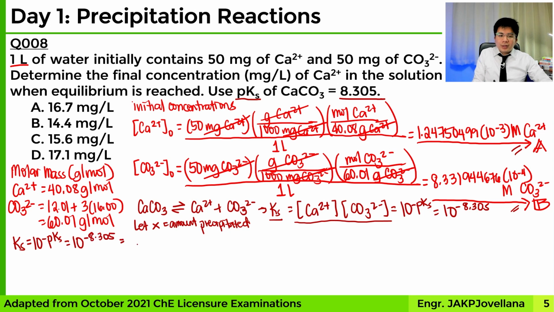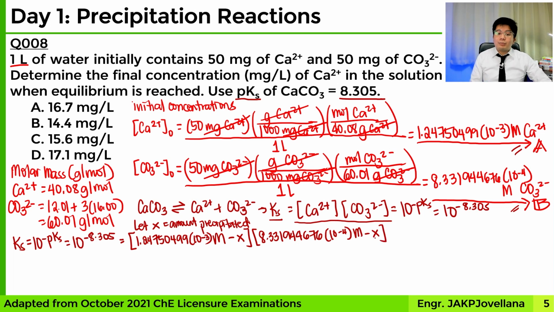This is equal to the concentration of calcium 2+ at equilibrium, given by its initial concentration, 1.2475 molars, minus X, which will precipitate. And then, the equilibrium concentration of the carbonate ion is 8.33 times 10 to the minus 4 molars, and also minus X. This is the amount of carbonate that precipitates.